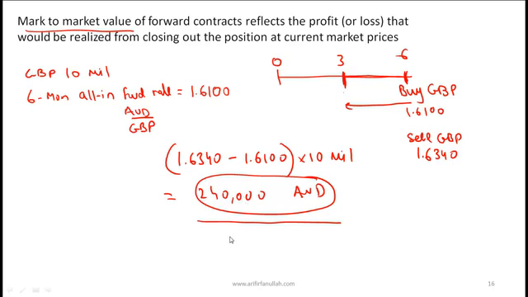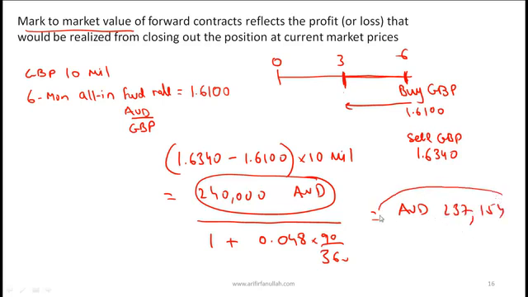Let's say that the interest rate is 4.8%. So to discount back, you will do 1 plus 0.048 and adjust this for 90 days, so into 90 over 360, and this will give you Australian dollars 237,154. So that is the mark to market value.